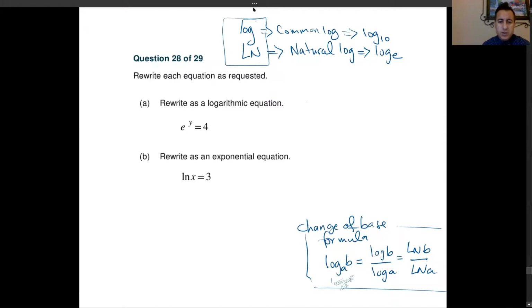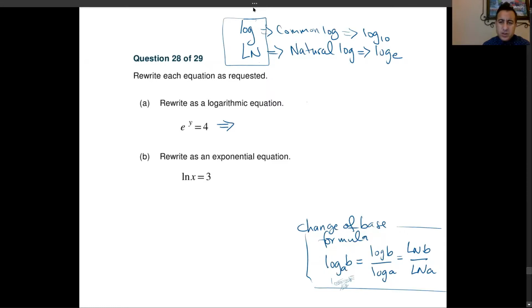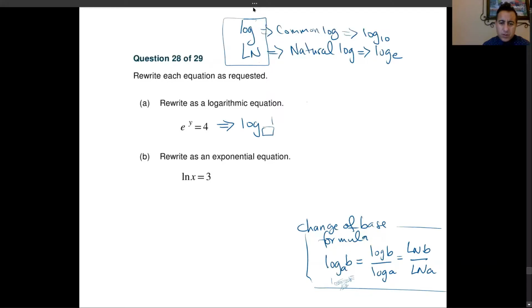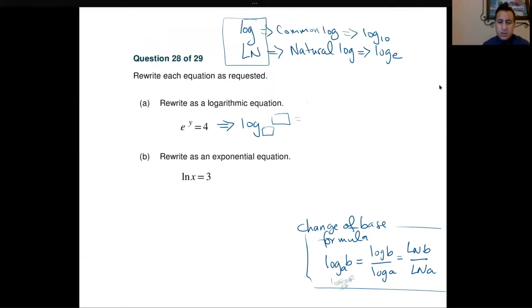Okay, so this e thing, right, from here you see that it comes from natural log, so we can rewrite it this way. Since we need logarithmic form, then if we want to do it this way, I'm not sure why it's flickering here. So we need e.